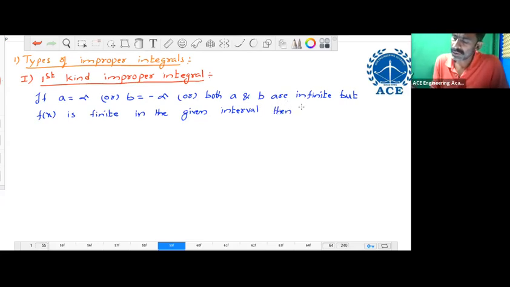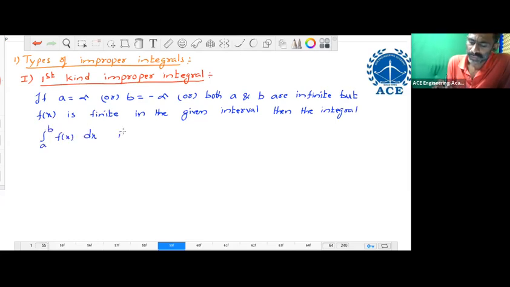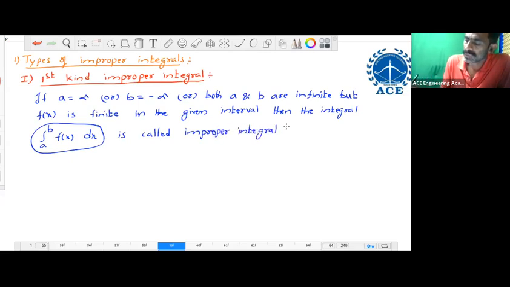Then the integral a to b f of x dx is called improper integral of first kind.